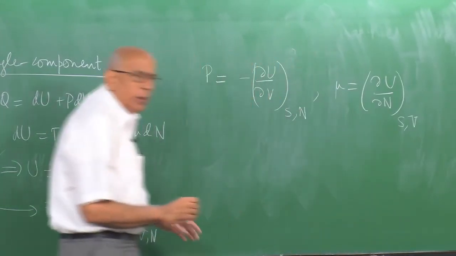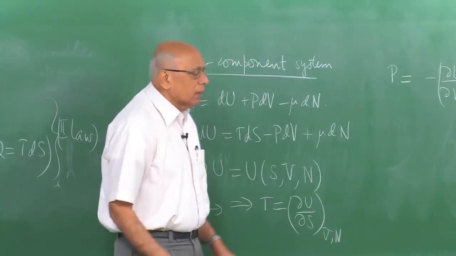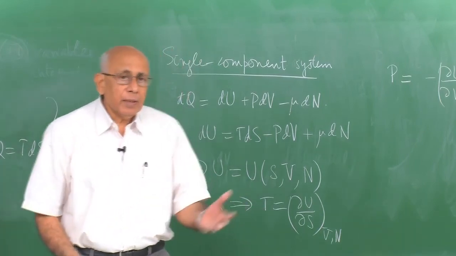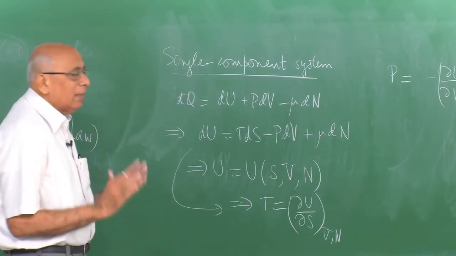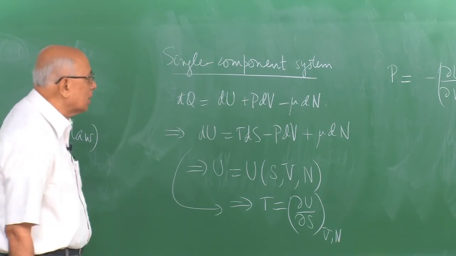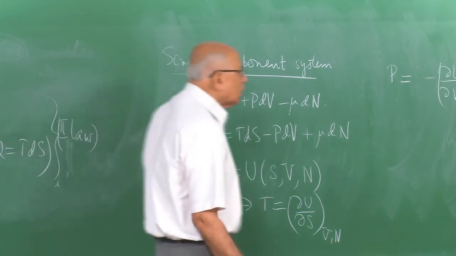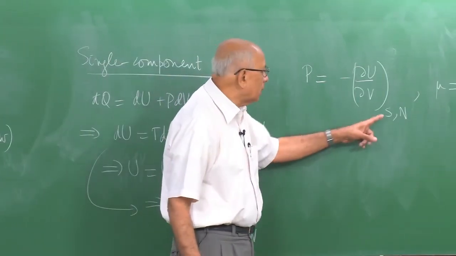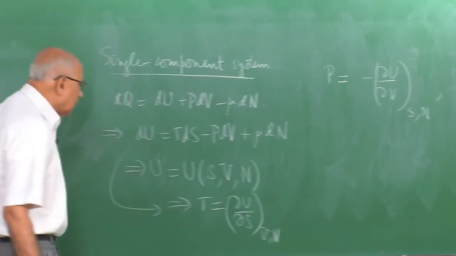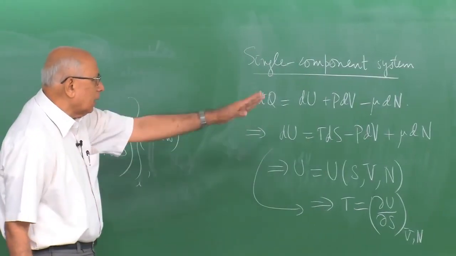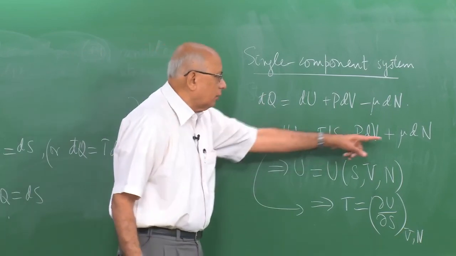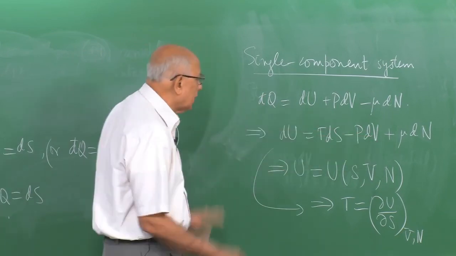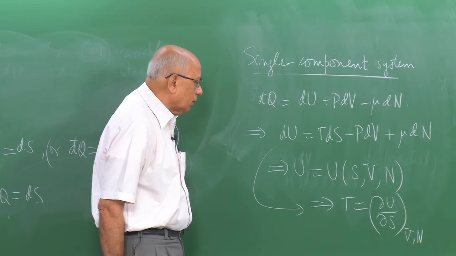This is at this stage purely mathematical, because you may ask in physical practice, how do I keep the entropy constant? That is a non-trivial question, but in mathematical terms it is clear that these partial derivatives actually give you these coefficients. So this is the content of the first two laws of thermodynamics.